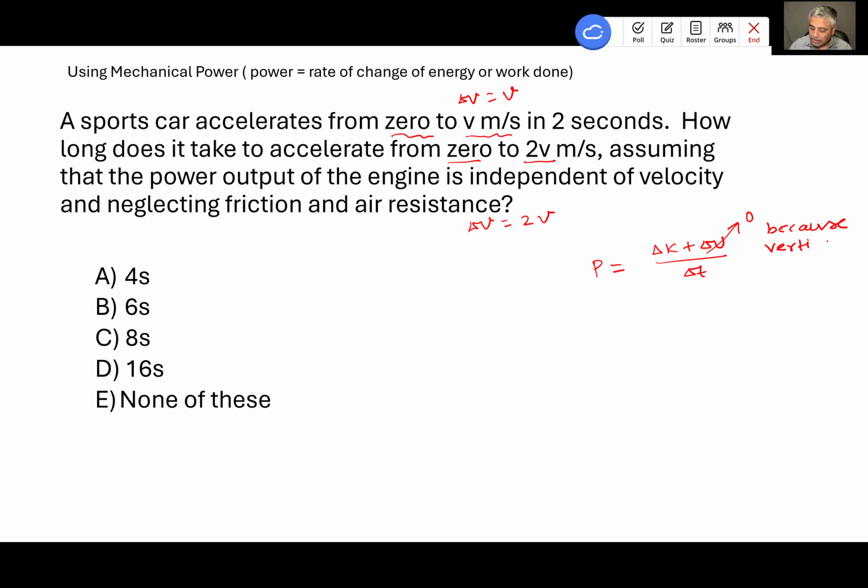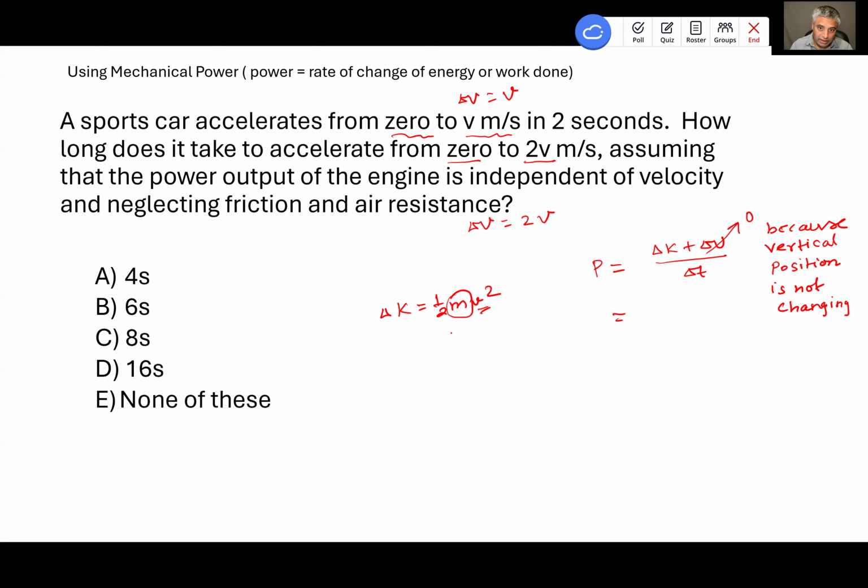vertical position is not changing. The car is not going up and down or something like that. So since kinetic energy is half mv squared, change in kinetic energy comes from change in velocity.